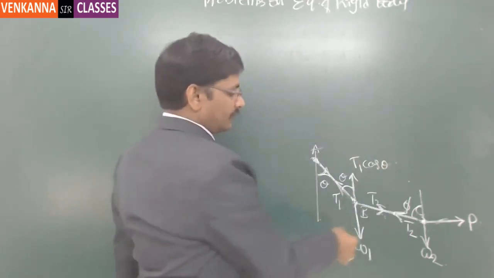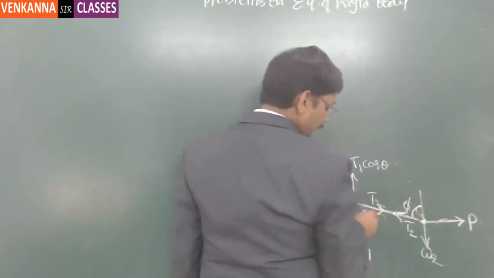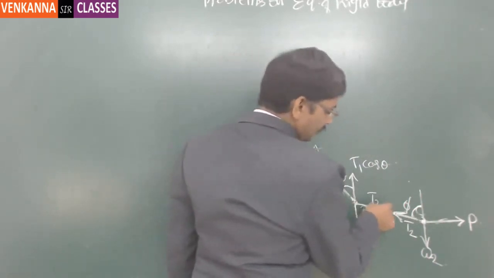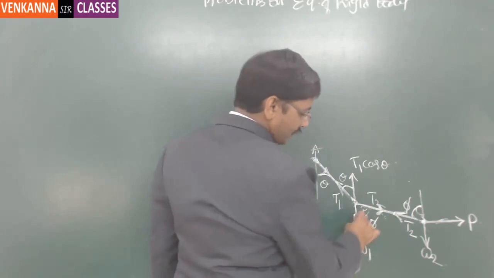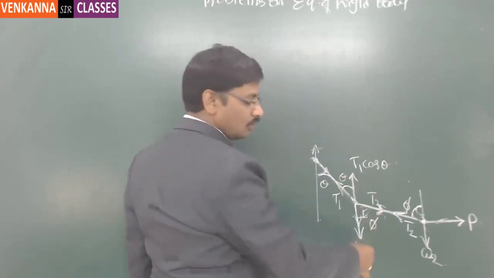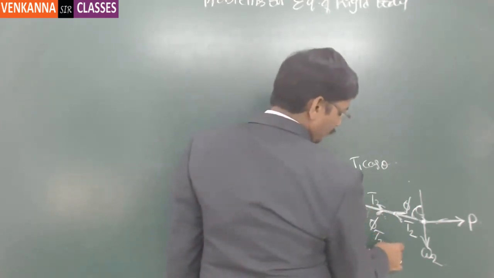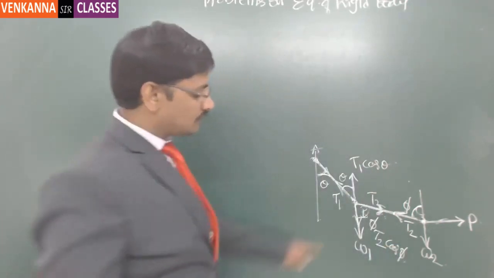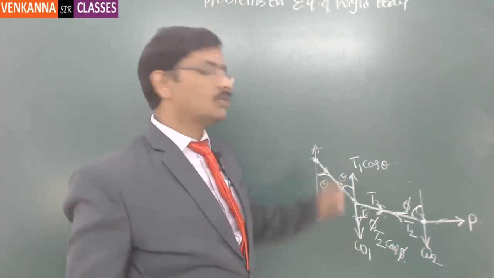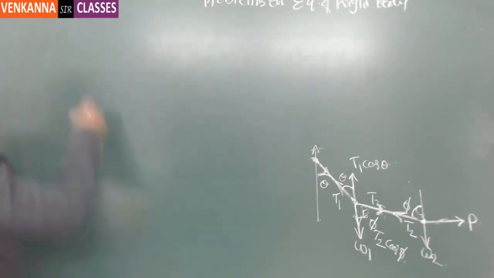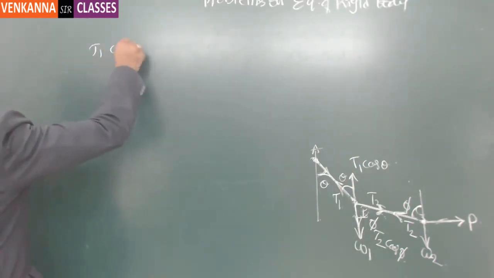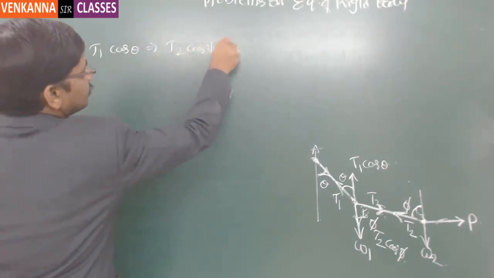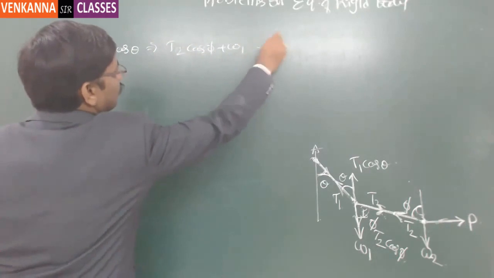And here this angle being phi, this angle will also be phi. This force is acting downward, so the component of the force downwards is T2 cos phi. So T2 cos phi plus W1 is equal to T1 cos theta. So T1 cos theta is equal to T2 cos phi plus W1. This is equation number 1.